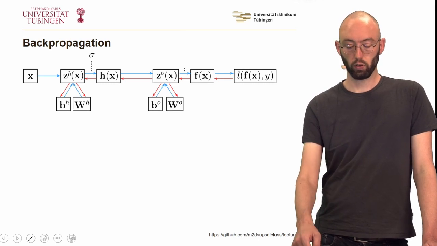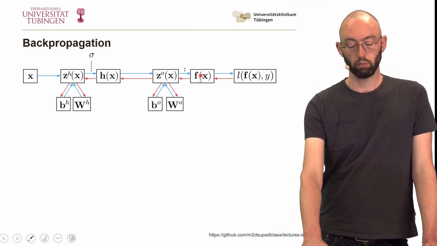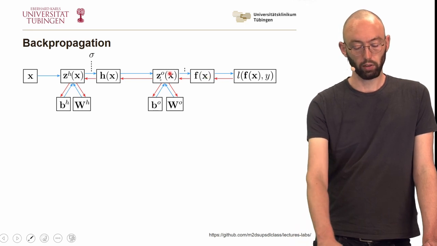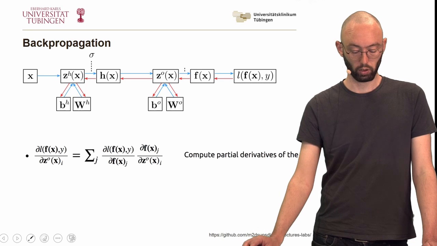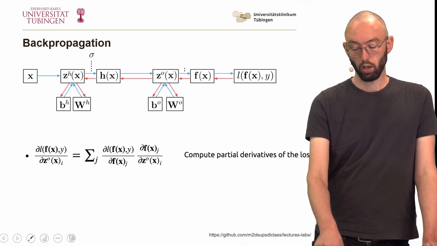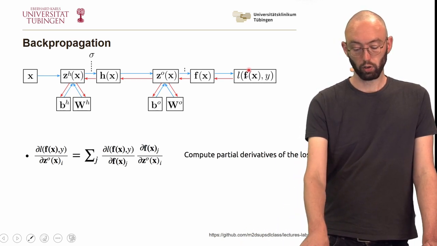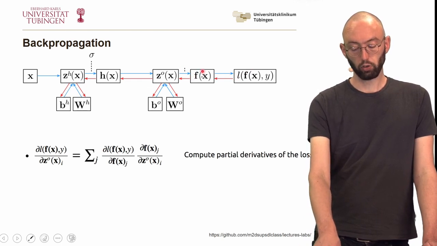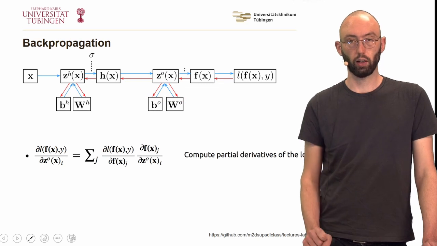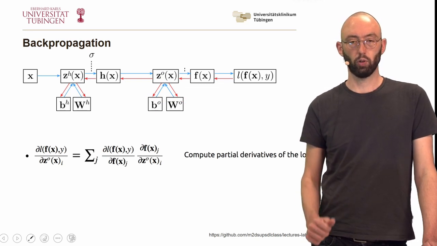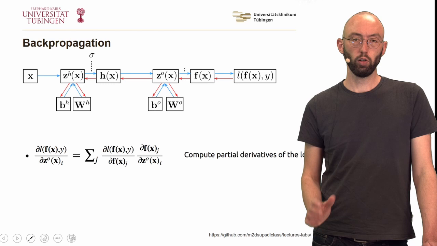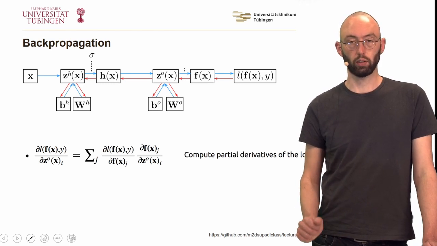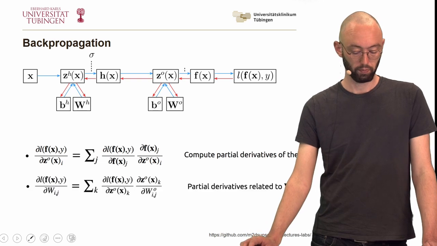Backpropagation is then the process of efficiently passing the loss signal, the derivative signal, back through this graph. So we compute, for example, here the derivative of the loss with respect to that function and the derivative of that function with respect to the parameters in that layer. If you want, again, the details, I refer you back to our Machine Learning 1 course in the winter term that is linked above.